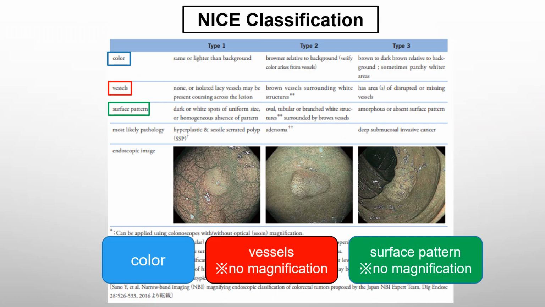In other countries, magnifying endoscopes were not widely used. This classification is based on the vascular pattern of the Sano classification and the surface pattern of the Hiroshima classification with the addition of color findings. This classification is named the NICE classification.